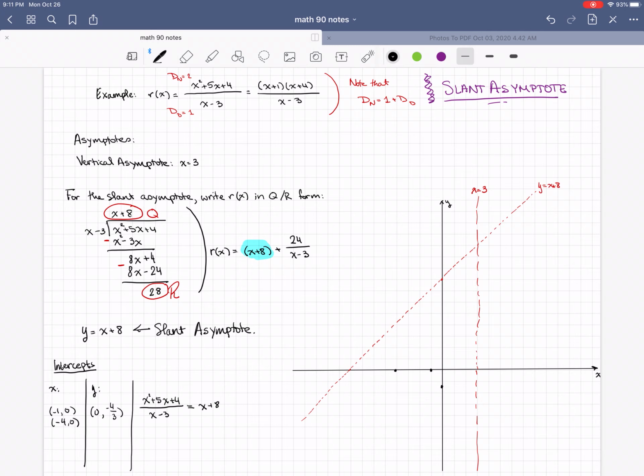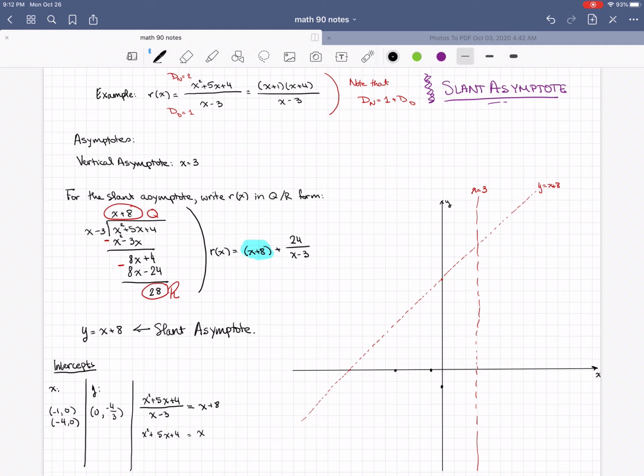Well, this is a rational equation. And you all know that when we're solving rational equations, we can multiply both sides by the denominator. So I'm going to multiply both sides by x minus 3. On the left, it'll just reduce off. So that'll leave us with x squared plus 5x plus 4.